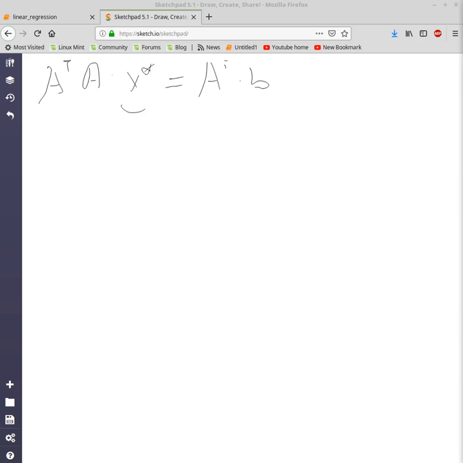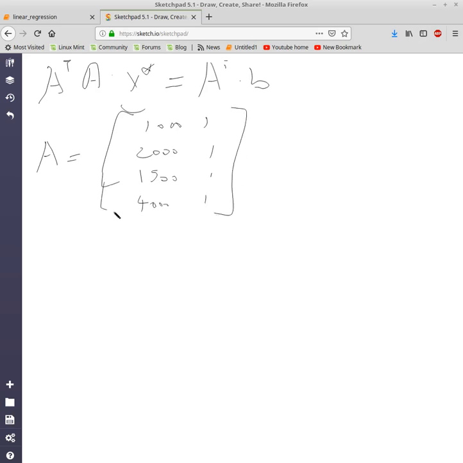So for the last example, A is just the X data points. A could equal 1,000, 1; 2,000, 1; 1,500, 1; 4,000, 1.